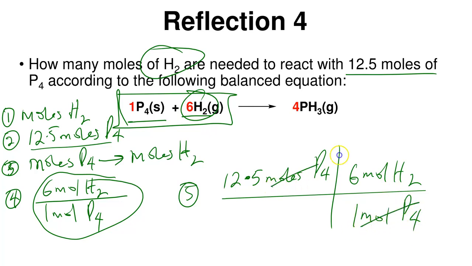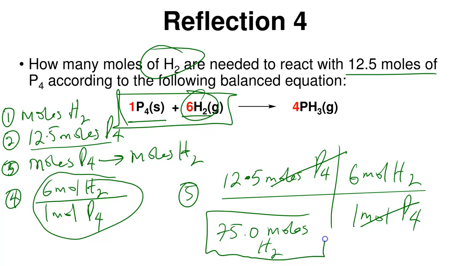Mole of P4 cancels mole of P4. 12.5 times 6 will give you 75.0, or you say 75 moles of H2. This becomes our answer if you plug that in properly in your calculator. So again, remember, there are 2 conversion factors here, but the one we use is the one that has the hydrogen on top.